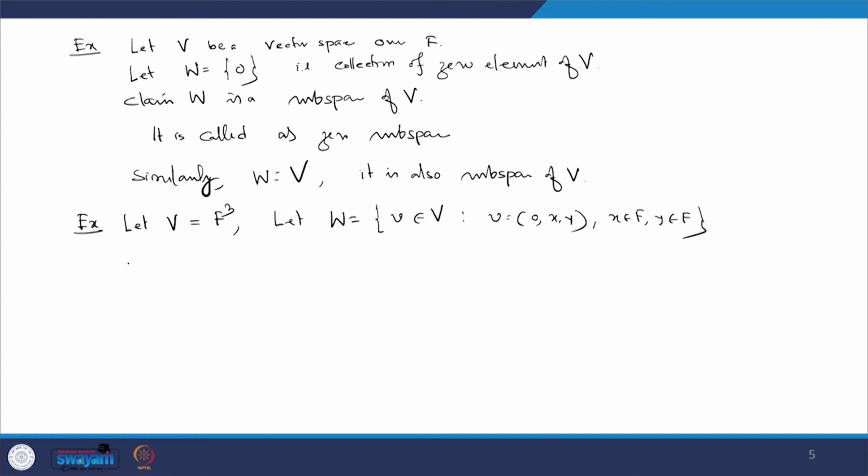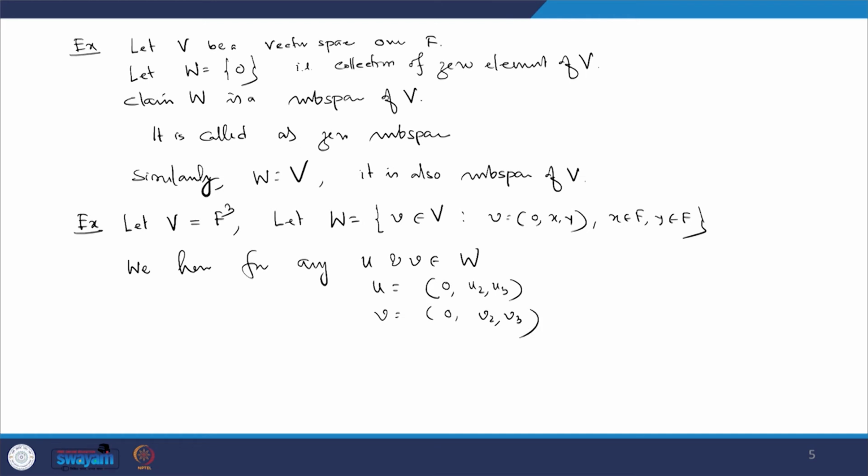We have, for any u and v belonging to W, u equal to (0, u2, u3) and v equal to (0, v2, v3).